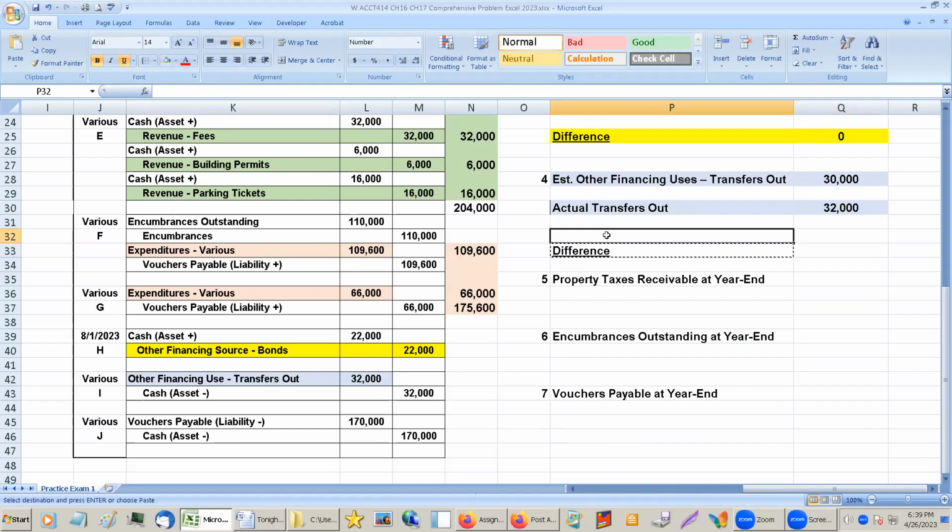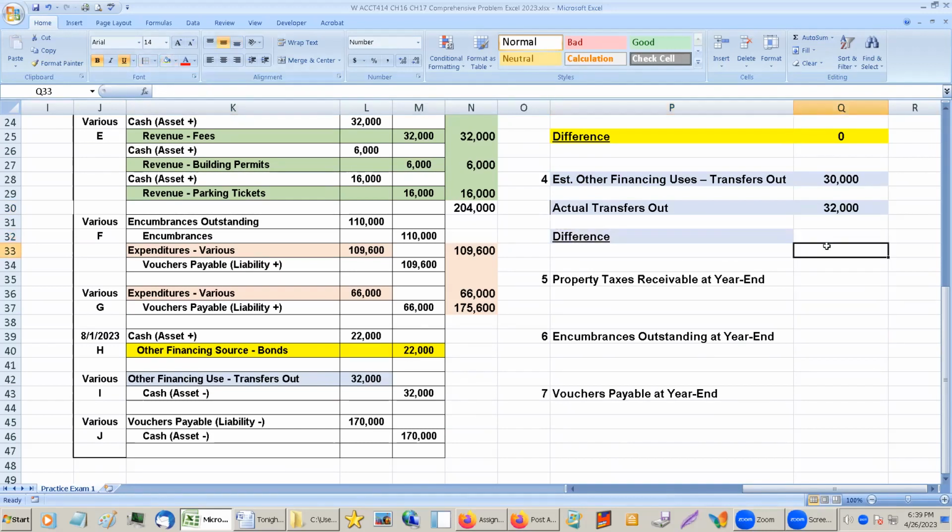Difference up here. Okay, so the difference was 2,000. Was this positive or negative? Negative, yeah, we thought we were gonna send out 30,000, we actually sent out 32,000. However that came about, look at it later, I guess.